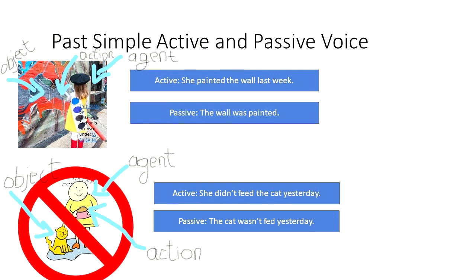And our interest is put both on the agent or subject of the sentence as well as the action and the object. But if our main interest is on the object and the action, which in this case was not done, then we would use the passive voice. The cat wasn't fed yesterday.